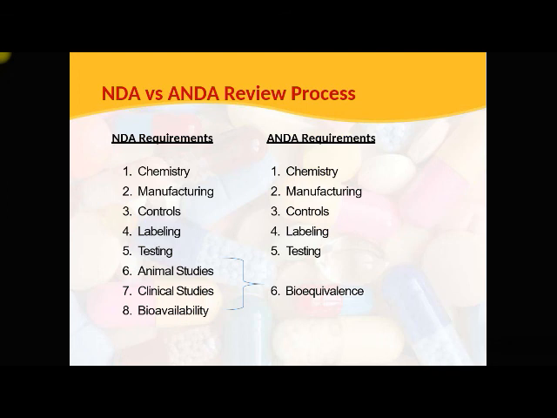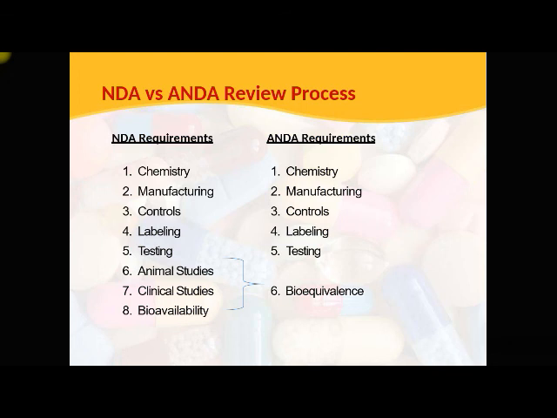So no need to perform the same thing again and again, that is defining the chemistry, manufacturing controls, labeling and testing. Labeling can be altered, the controls can be kept the same, the manufacturing process can be tweaked to a little extent.